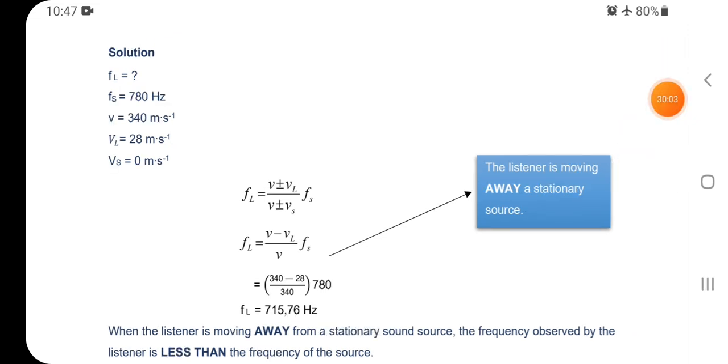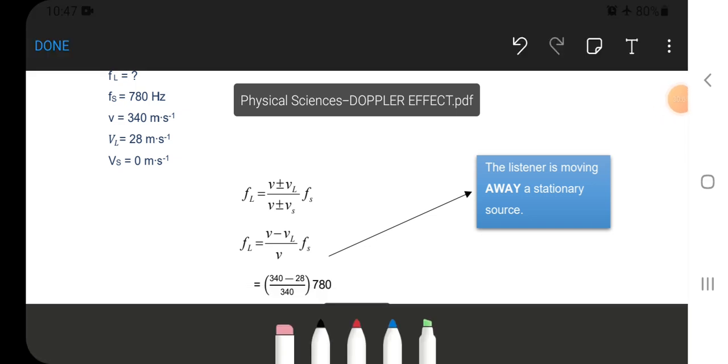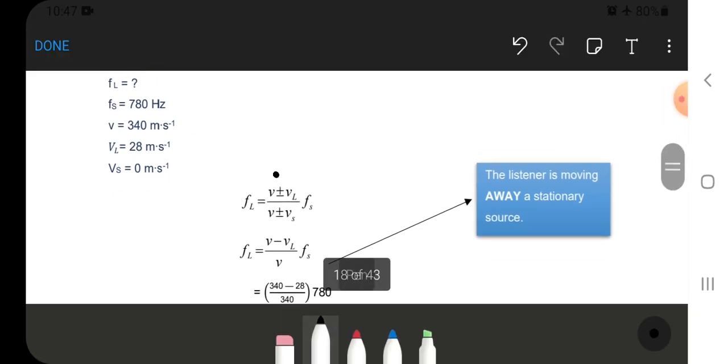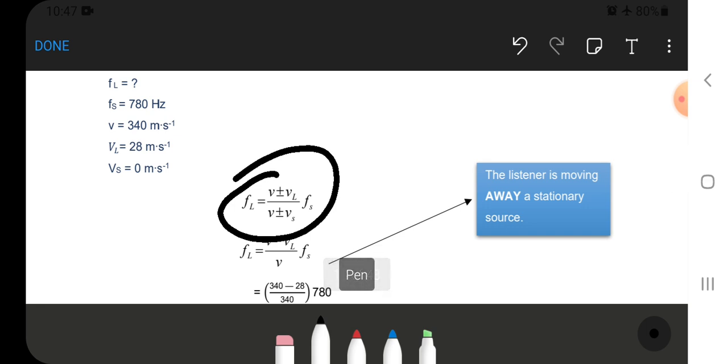Another thing that we have to look at in this formula is that when the ambulance is approaching a stationary listener, at the top we have a plus. You see this, there is a plus or minus.